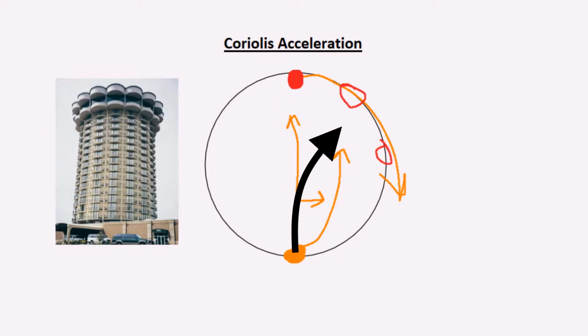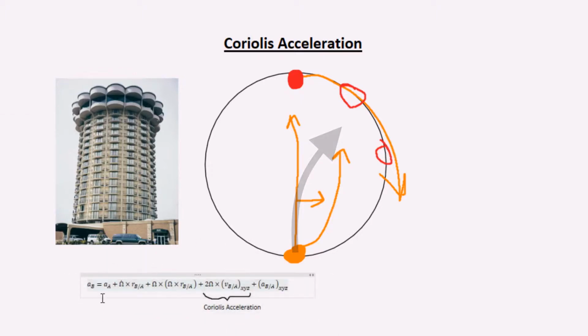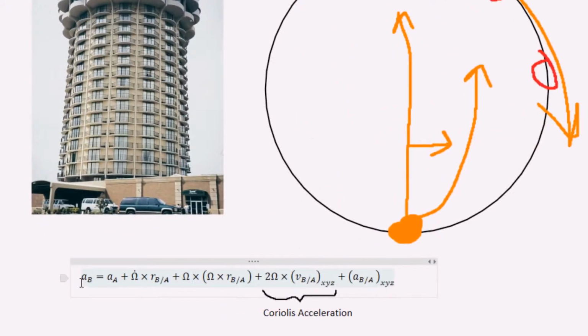From a mathematical standpoint, the Coriolis acceleration looks a little something like this. I'll go ahead and zoom in, where a sub b is the absolute acceleration of b. A sub a is the absolute acceleration of the origin of the xyz frame.